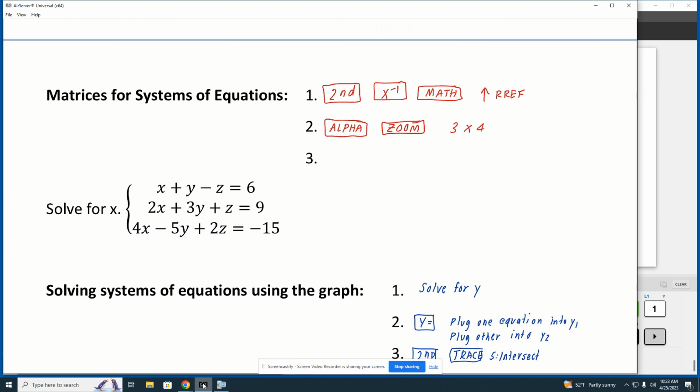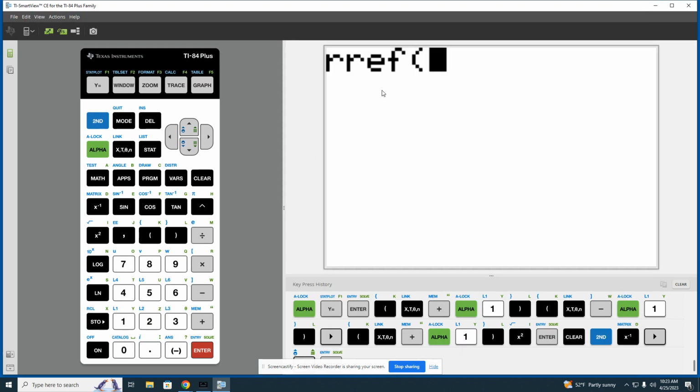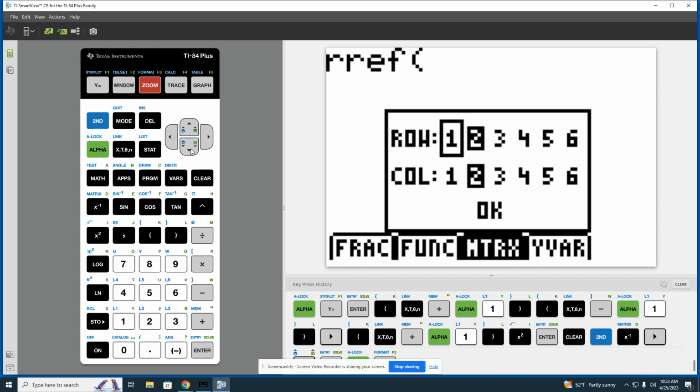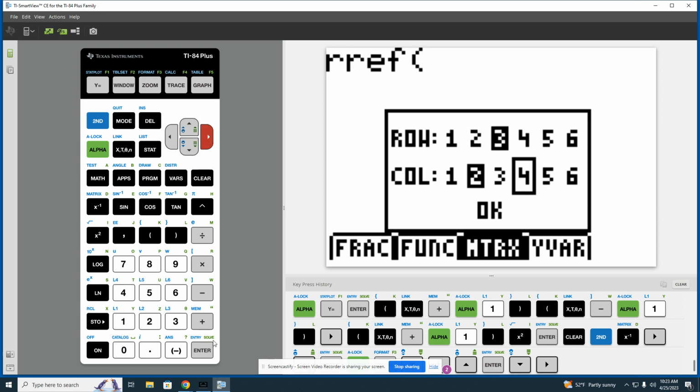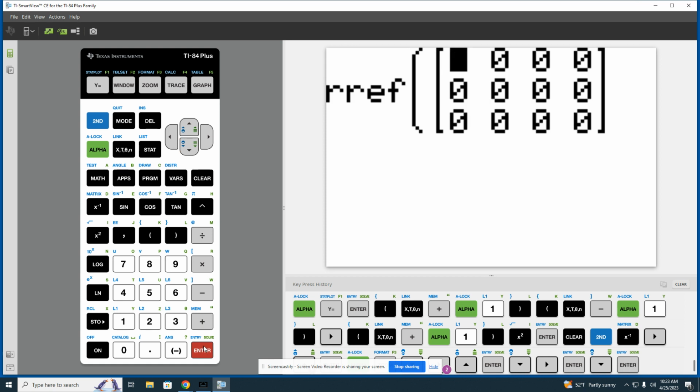You won't have less than 2 variables or more than 3 variables. So let's go back to our calculator. With our RREF still there, do alpha zoom, and let's change this to a 3-row, 4-column matrix. Hopefully you all have that on your home screen right now.